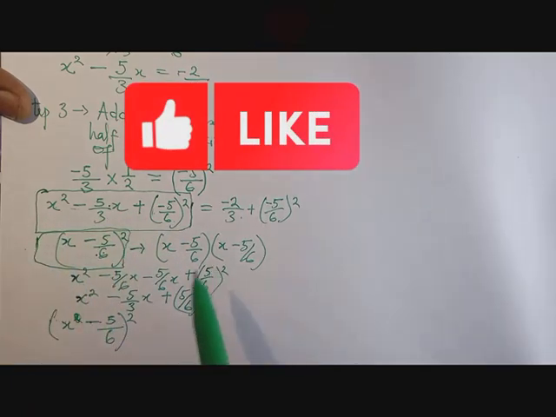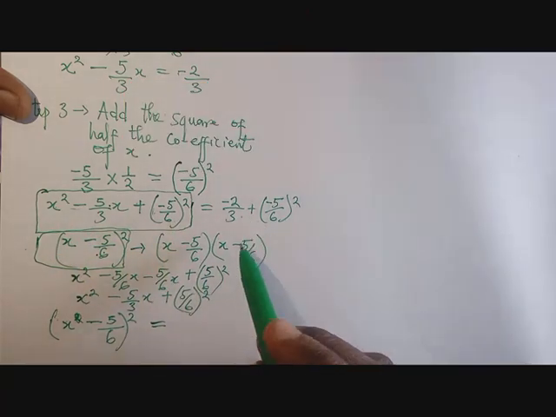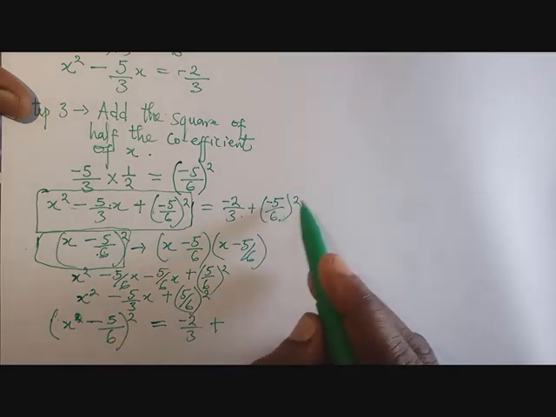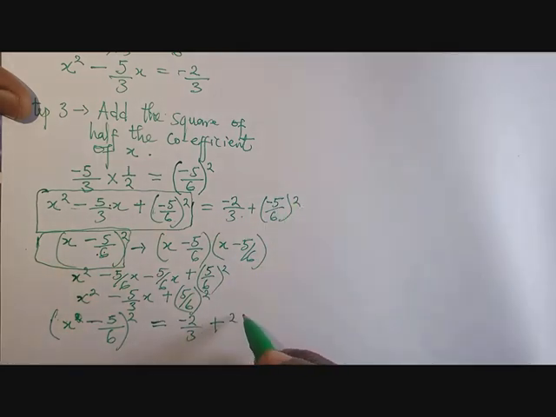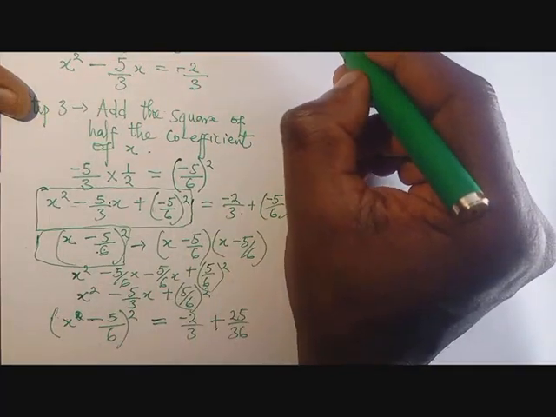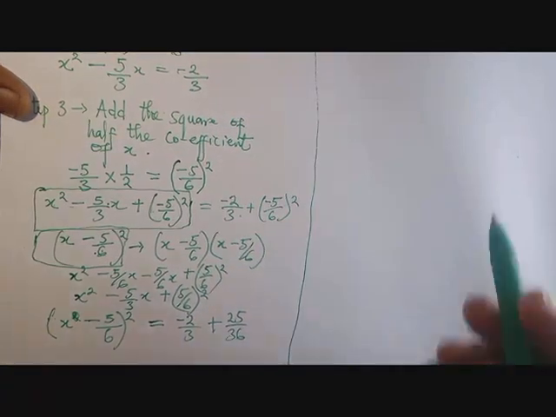I've finished explaining it now, so I'll continue my solving. x minus 5 over 6, then this is the right hand side, minus 2 over 3. Now plus, of course, when I square this, I'm going to get 25 over 36. 25 over 36 is what I'm going to get. Now, let me come over to this side.